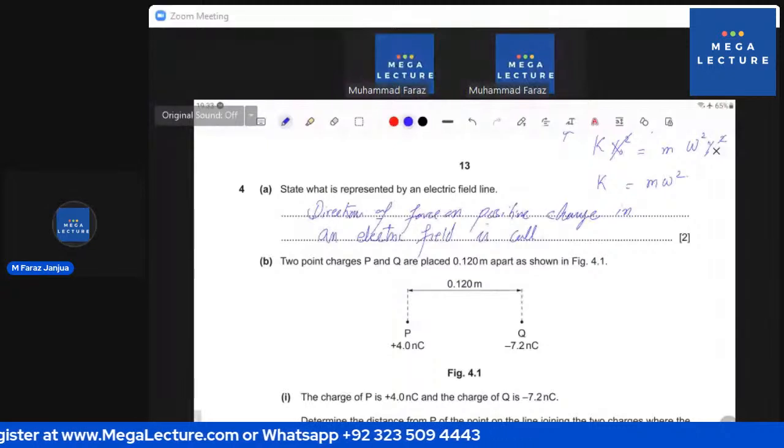It shows the direction of force on a positive charge.